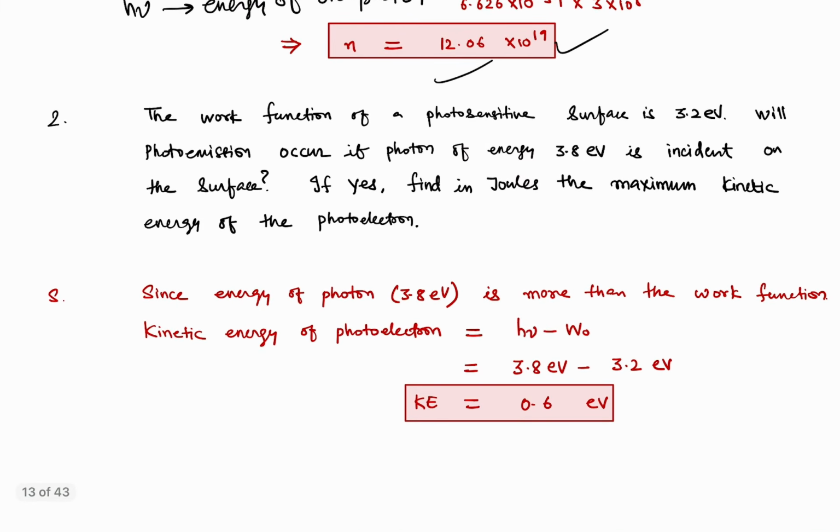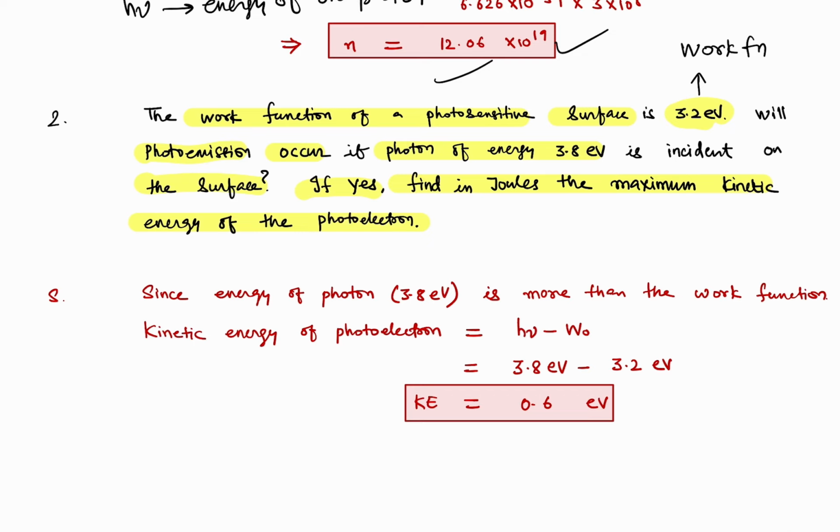Now there is another question. The work function of a photosensitive surface is 3.2 electron volt. Look, electron volt is actually a unit of energy. The question is, will photoemission occur if a photon energy of 3.8 electron volt is incident on the surface? If yes, find in joules the maximum kinetic energy of the photoelectrons.